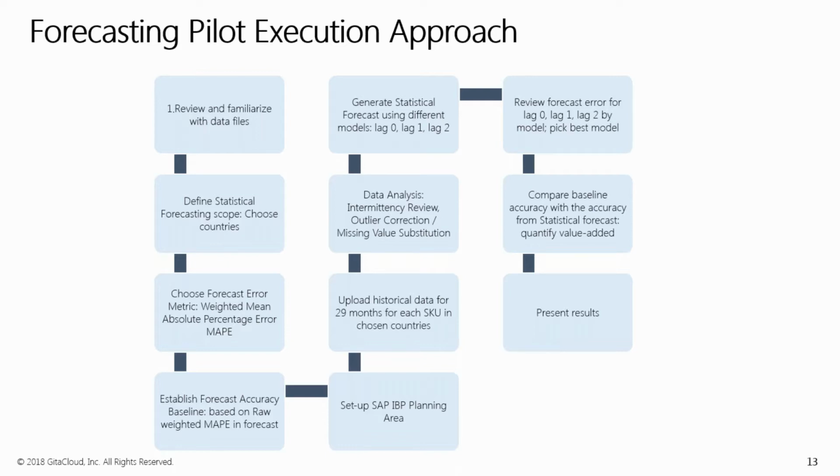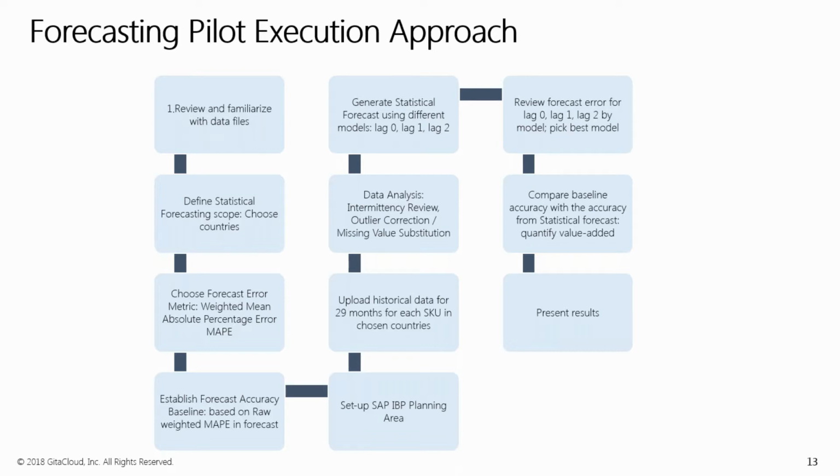The third step was choosing the forecast error metric. As you all know, there are different types of forecast error metrics to measure accuracy. The most popular ones that people are aware of are the mean absolute deviation and mean squared error, which measure the mean and standard deviation of errors for the forecast that you're making versus what the actual demand is.